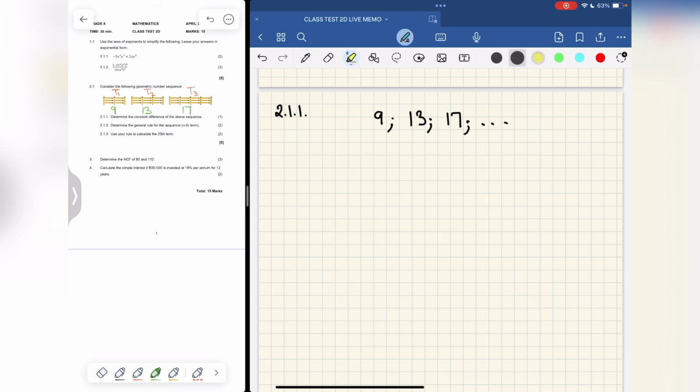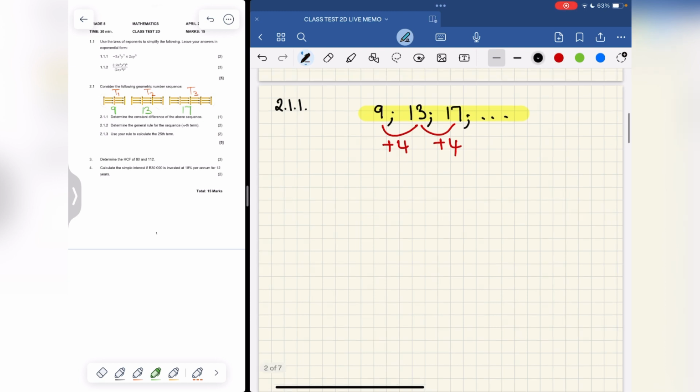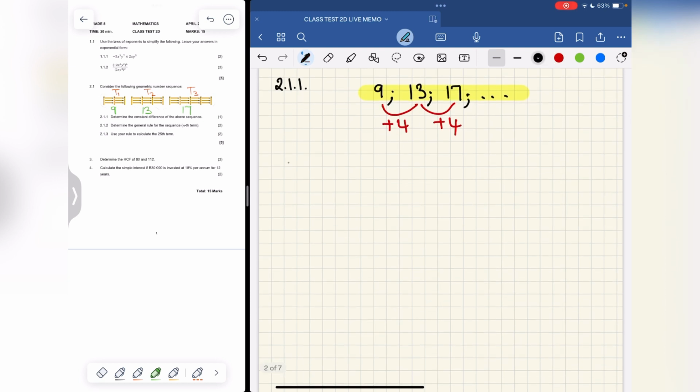If I go from 9 to 13, I have plus 4. And then from 13 to 17 is again plus 4. So it appears that our constant difference here is plus 4. So the constant difference d is equal to plus 4, or just 4.